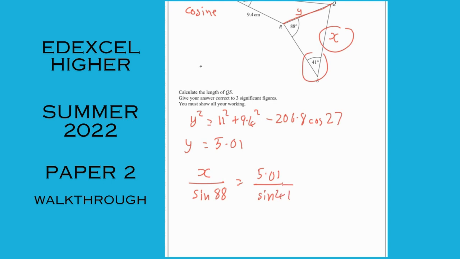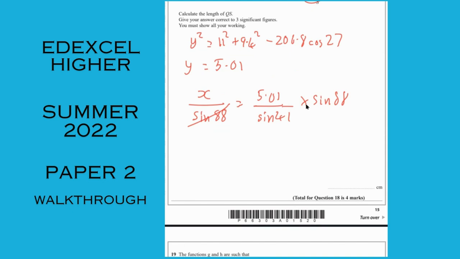So 5.01 divided by sine 41 in your calc, but then multiply by sine of 88. And assuming your calc's in the right mode, you should be getting 7.631, etc. That'll be 7.63.